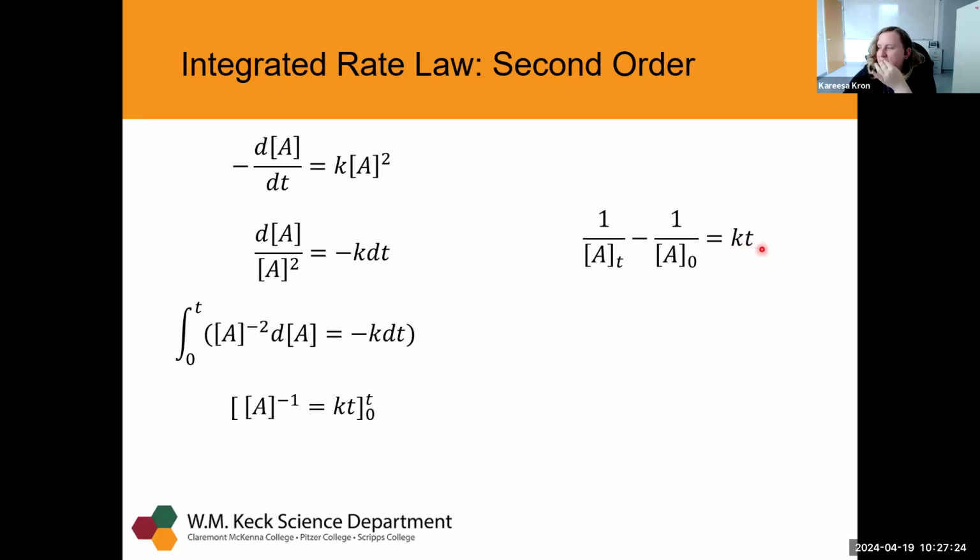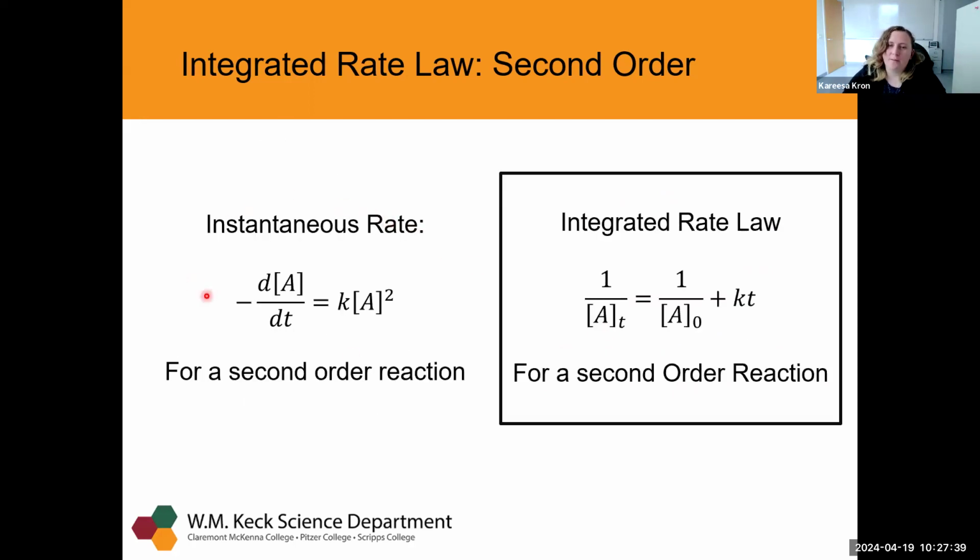And so the integrated rate law could be in this form, or if we want to arrange it, it could look like this. This expression is sort of the neatest way that we can write a second order integrated rate law. So from this instantaneous rate, we're able to derive this expression.